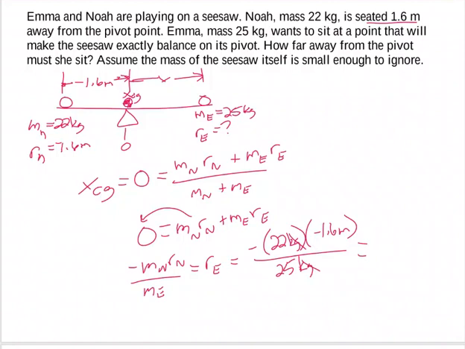And what do we get? 1.4. Okay, 1.4 meters then is where she should sit to balance the seesaw.